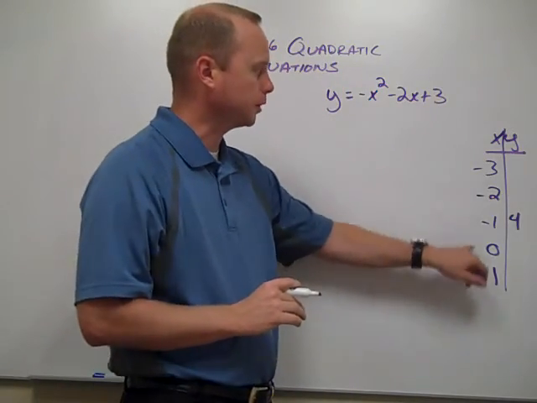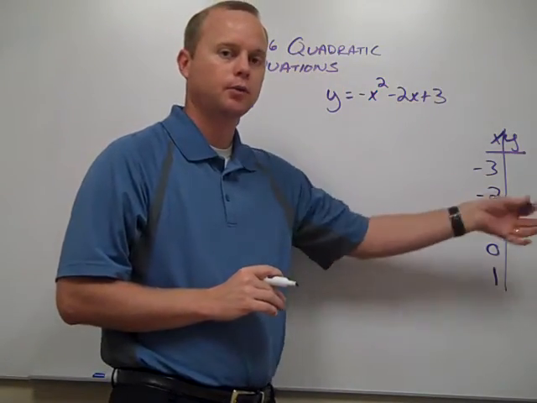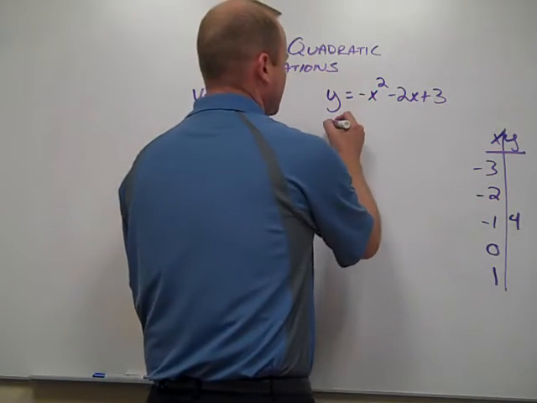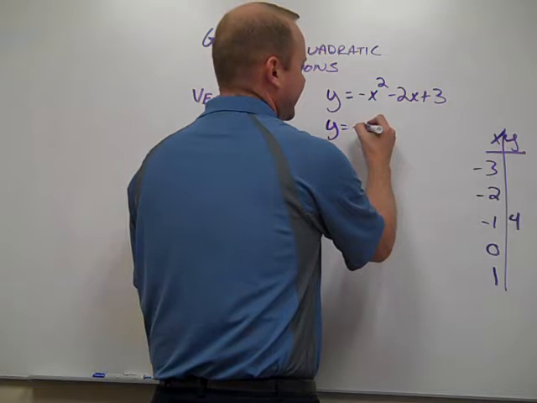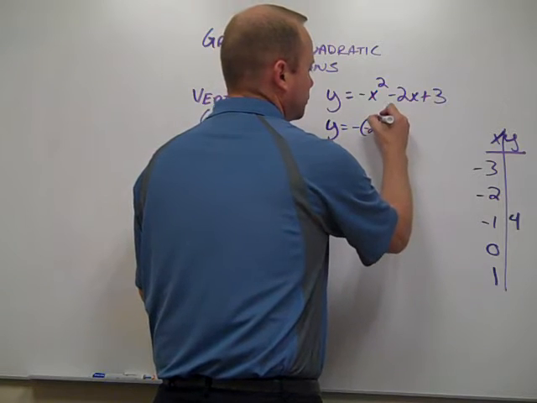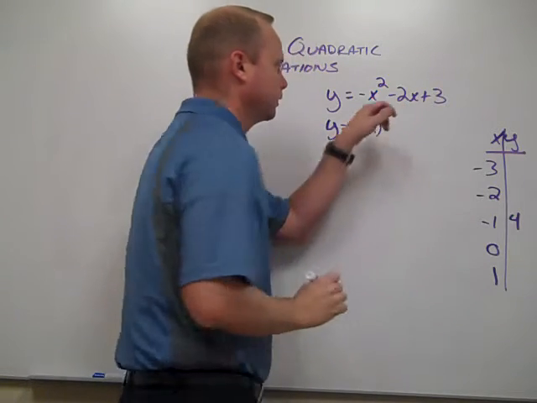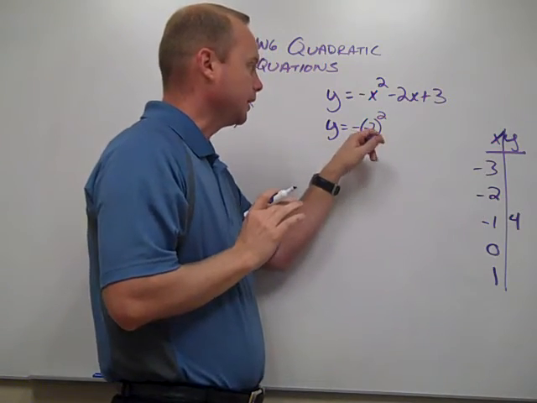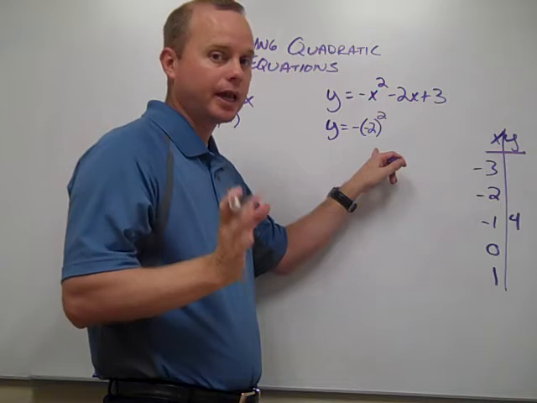Okay, now all I have to do is plug in all of my x values to figure out what my y will be. So let's do negative 2 first. Y equals negative 2 squared. I plugged in negative 2 here for x. Remember, it's in the parentheses, meaning that negative does not apply to it yet.